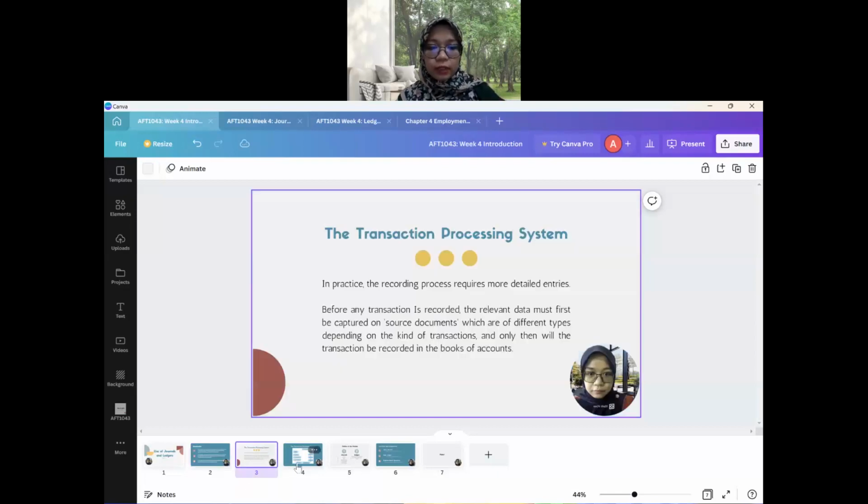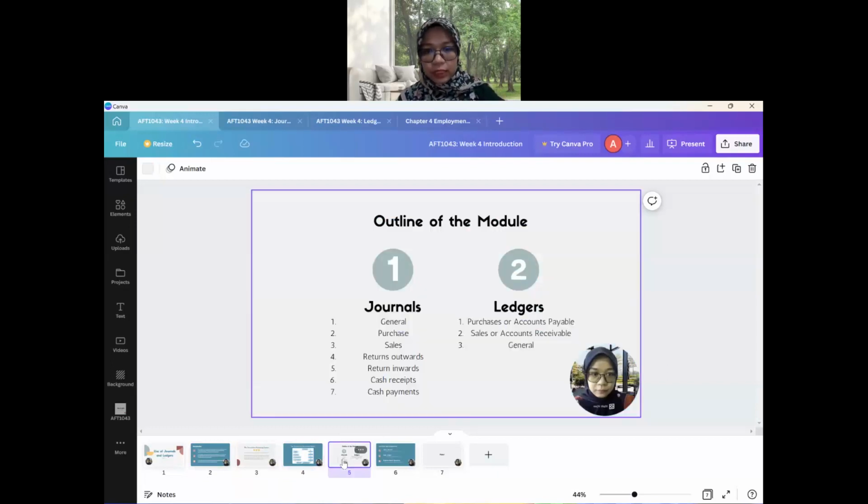Okay, but note that for this journal, for example, general, purchase, sales, return outward, return inward, cash receipt and cash payment, you don't have to do all these 7 journal. Okay, untuk proses belajar kita, if you record it only in general journal, it is acceptable.